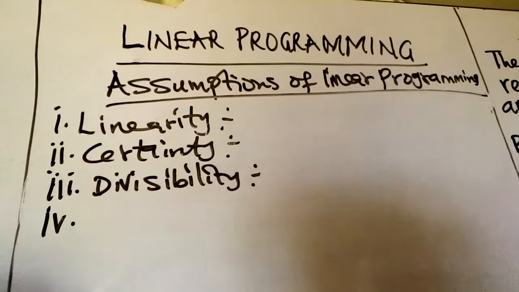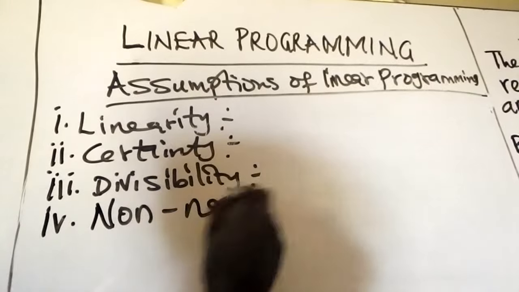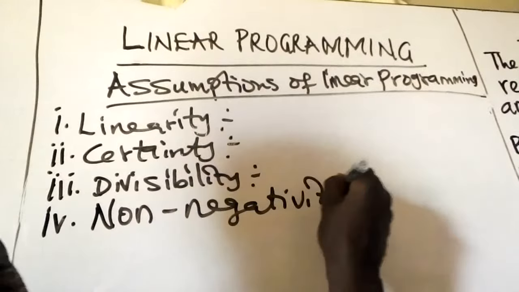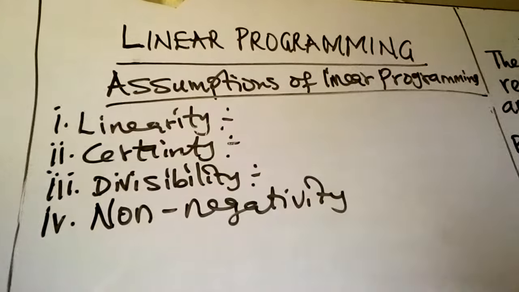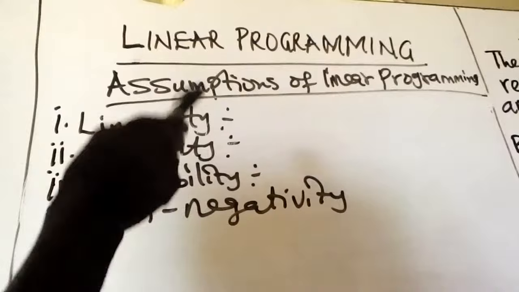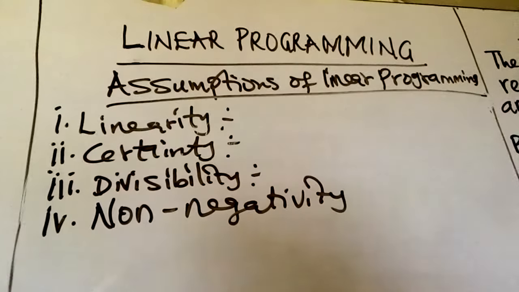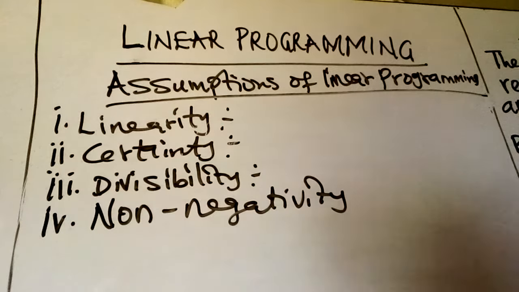Number 4 is non-negativity. It is not possible to manufacture a negative unit of the product. Have you seen where -2 shares were produced before?